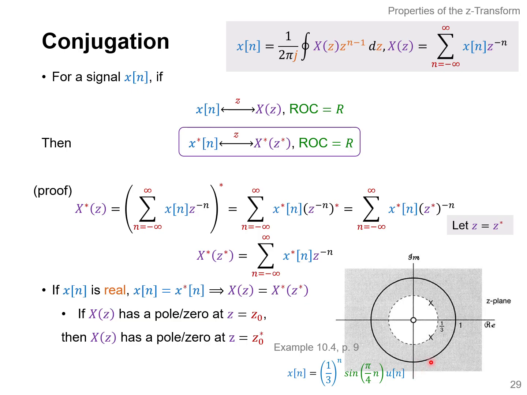For this signal, its z-transform has a pair of conjugate poles like this. So if there is a pole at 1 over 3 e to the j pi over 4, there must also be a pole at this location too. This is the conjugate property in the z-transform.